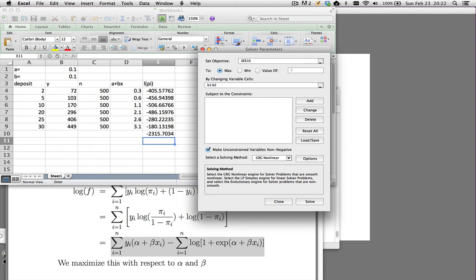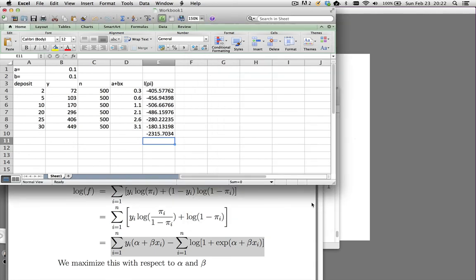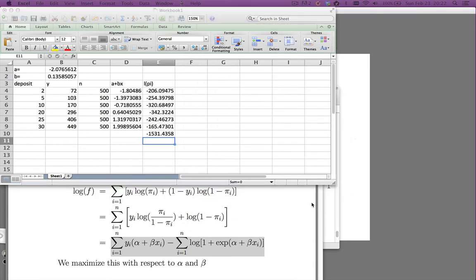So B1 colon B2. There's no need to have the variables non-negative, so let's uncheck that box. Make sure that the method is this nonlinear optimization routine. Go hit solve. And a minute later, Excel comes back.